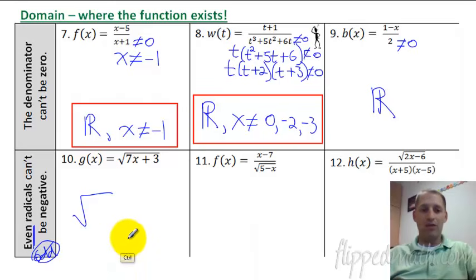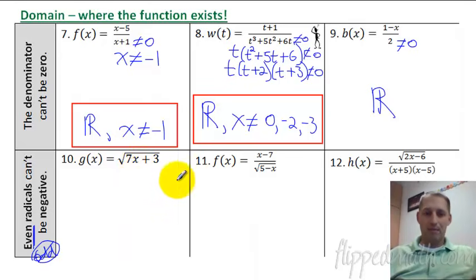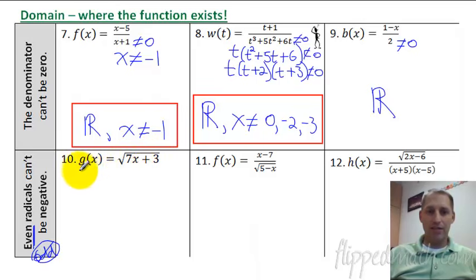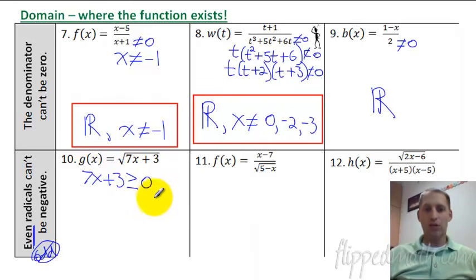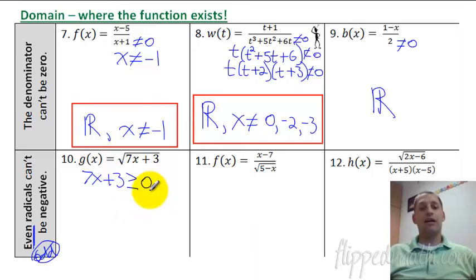If you have an even radical, then they can't be negative. So you take whatever is under the radical. In this case, it's 7x plus 3. You just say that it can't be negative by saying greater than or equal to 0. It's okay if it equals 0. It just can't be less than 0.